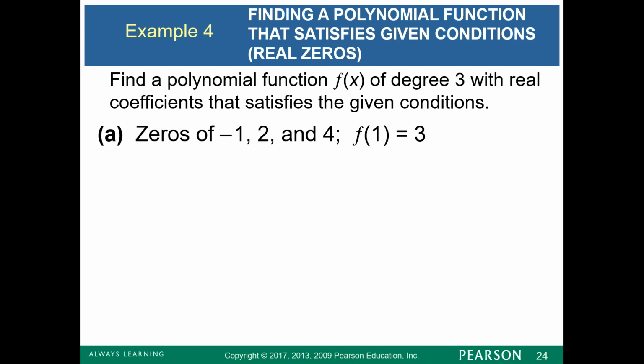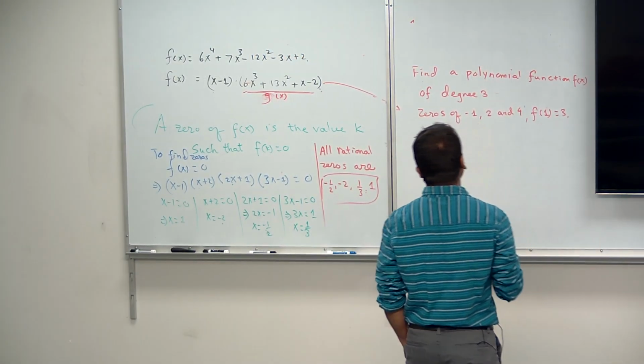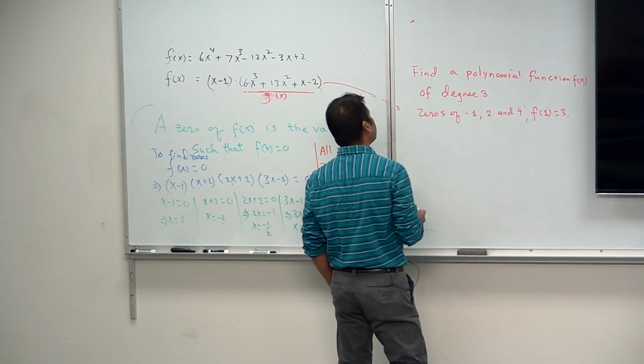Now, use the factor theorem. If -1 is a zero of f(x), what will be the factor? Yes, x plus 1.